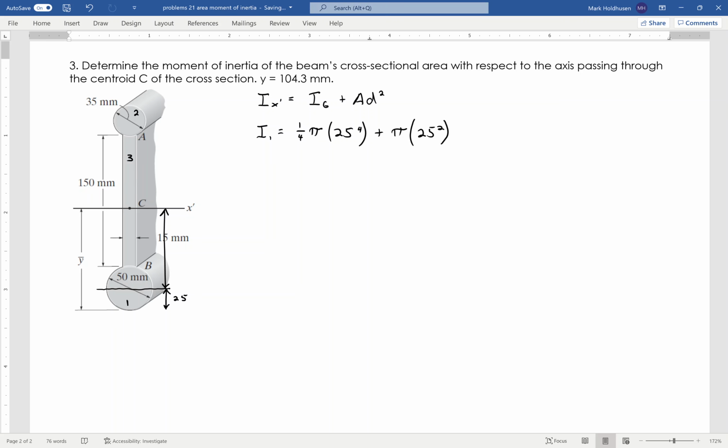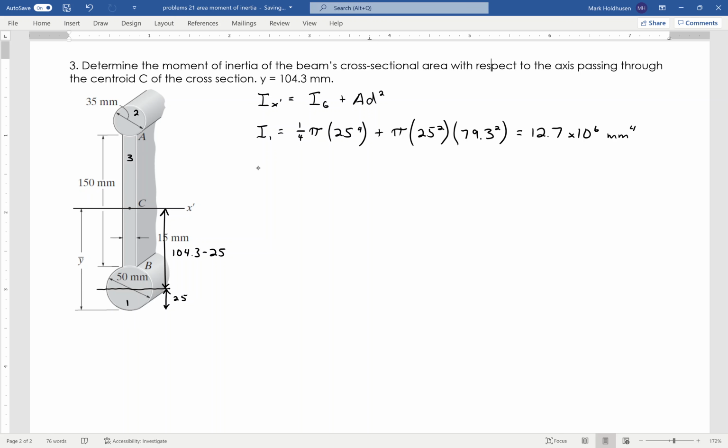So the distance is actually going to be 104.3 minus 25. That's the distance that I need, which is 79.3. That's what I put in right here, 79.3 squared. Again, it's the distance between the center of my circle and the axis that I'm finding the moment of inertia about. And when I do that, I get 12.7 times 10 to the 6th, so 12.7 million millimeters to the fourth.